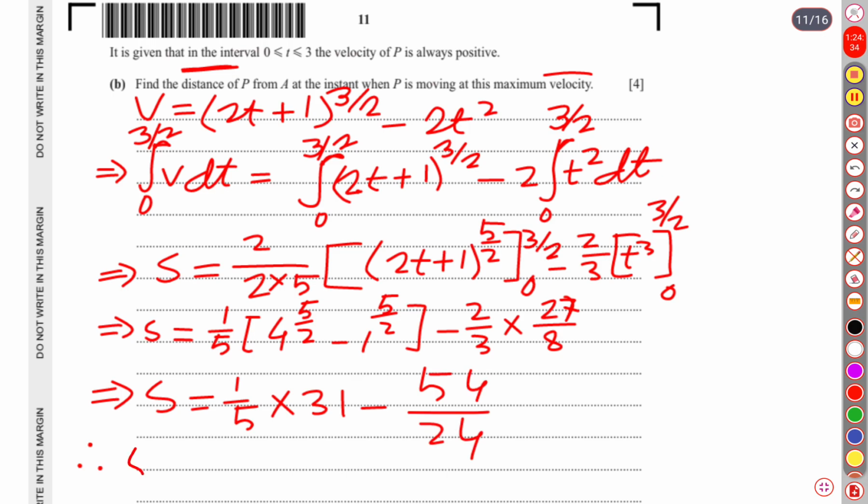Hence our displacement is going to be 3.95. Sorry, it is displacement, so meter. 3.95 meter is the displacement when the particle was moving at the maximum velocity.